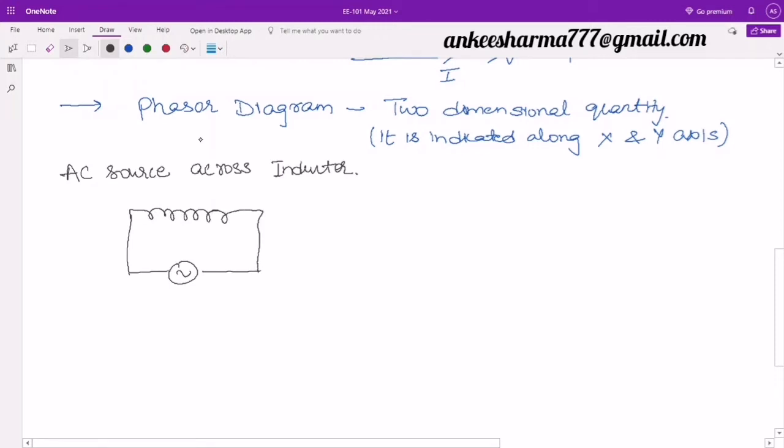Let me take the same voltage, V of t is equal to Vm sine omega t, and when there is a closed path, the current will flow through it. I will name it as I of t. This is the inductor. Now we know that in the case of an inductor, voltage is given by the formula V is equal to L di by dt.